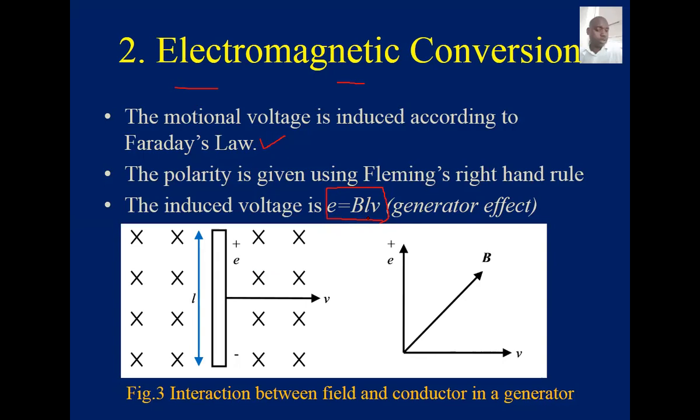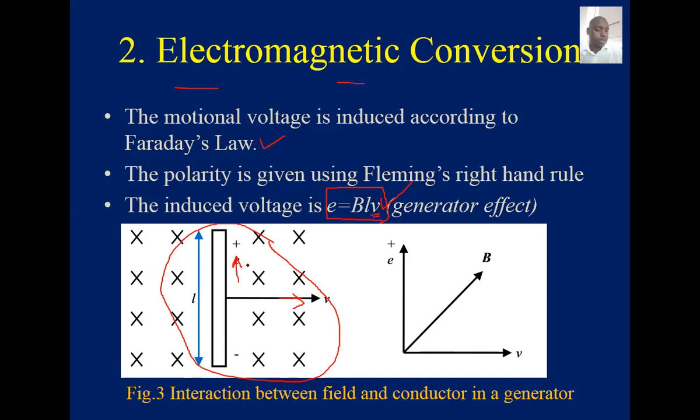So as you can see, the induced EMF increases with the speed and also with the strength of the magnetic field.